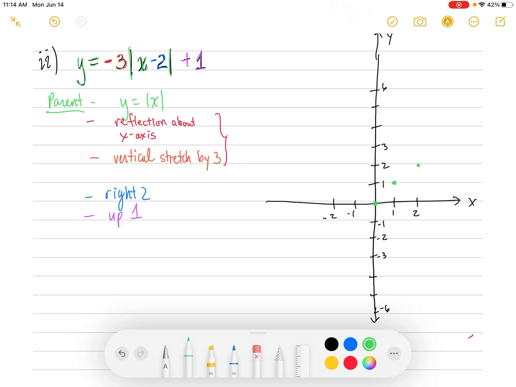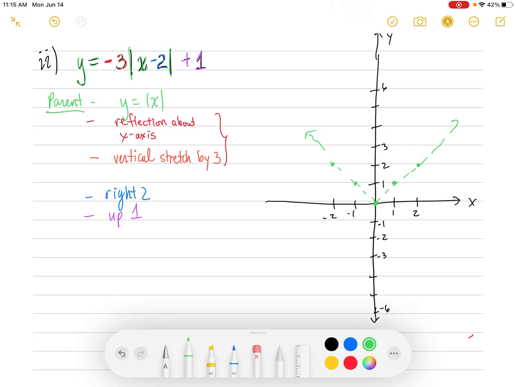Okay, so the absolute value function. You plug in 0, absolute value of 0 is 0. You plug in 1, the absolute value of 1 is 1. You plug in 2, the absolute value of 2 is 2. Plug in -1, the absolute value of -1 is 1. You plug in -2, the absolute value of -2 is 2. And you get this V for the absolute value graph.